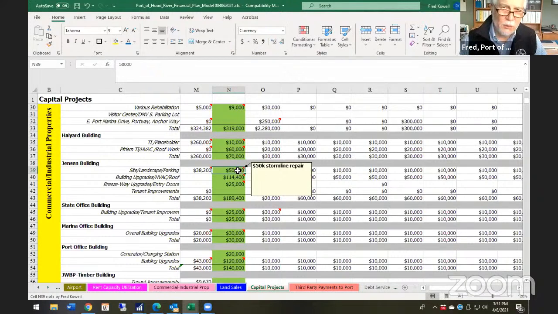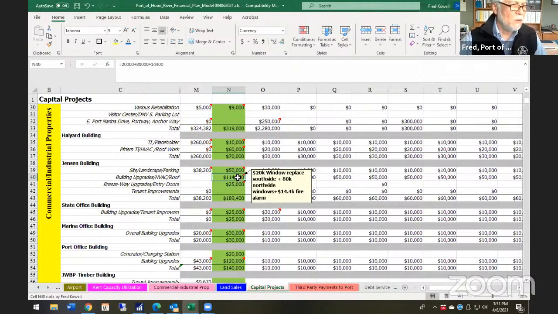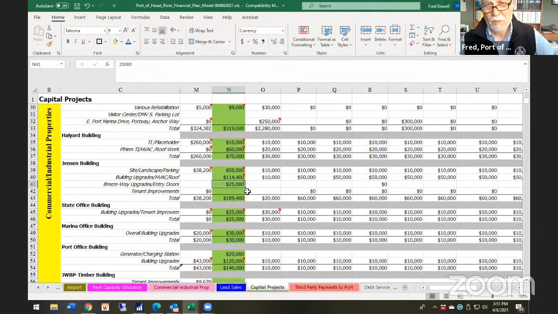It has more to do with the environmental impact with regard to DEQ than anything else. We are looking at about $114,000 for window replacement at the Jensen building in this upcoming budget, and then doing some alarm work too, and then a little door replacement as well for the breezeway doors at Jensen. So that's a little abnormal.